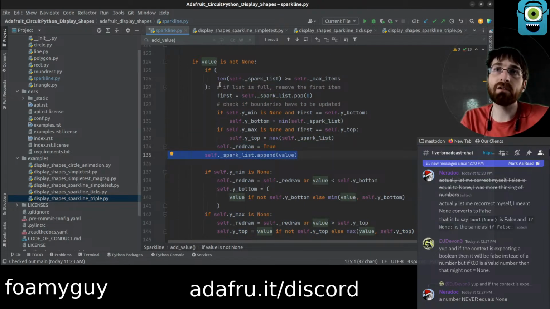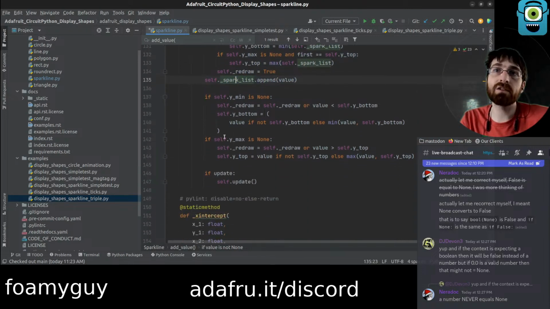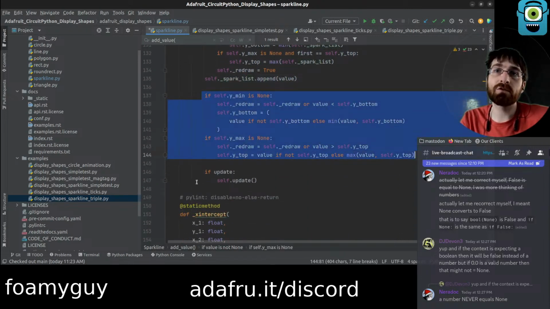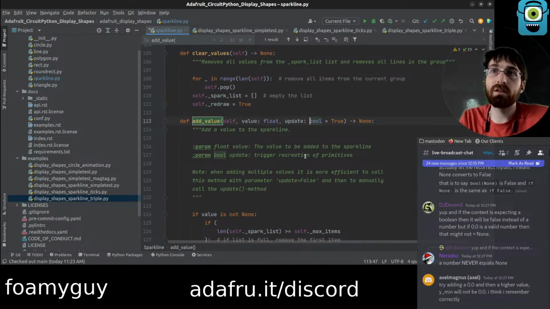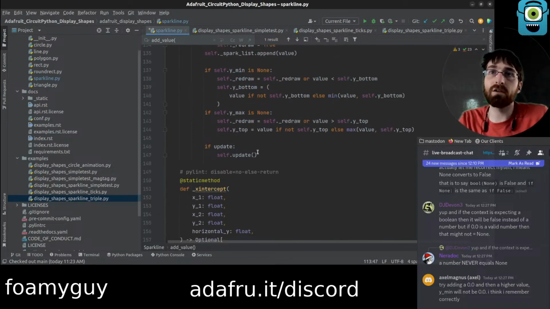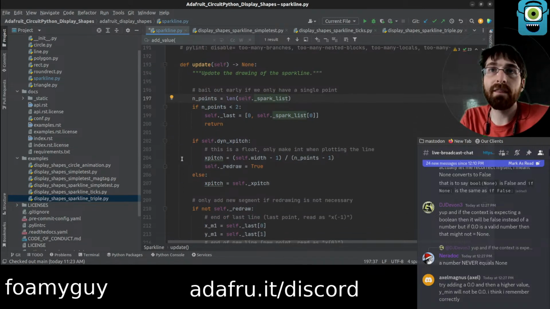So in our hypothetical here, we said this was not true. We added it to our list. We said none of these were true, so we just called update if update was true. So let's just say that it was. So we are now going to be inside update. Number of points is how many things are in the list.